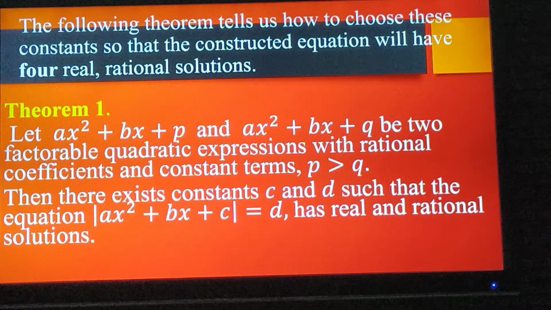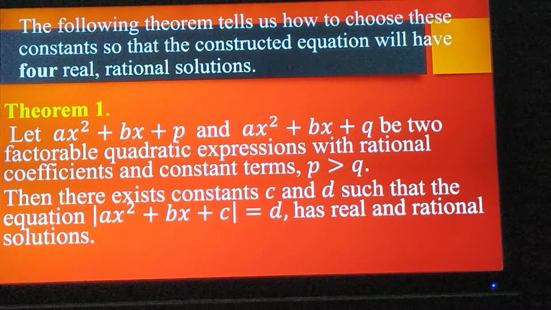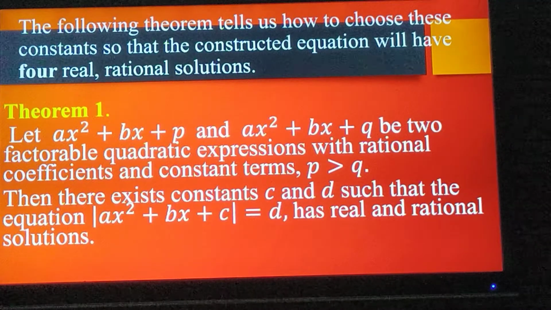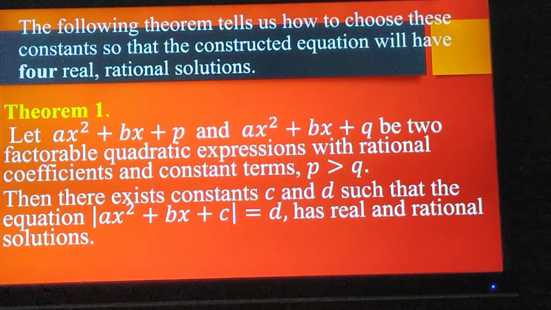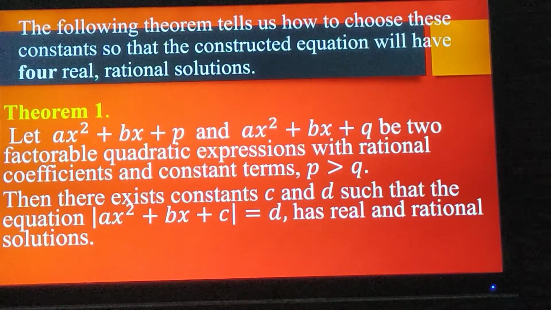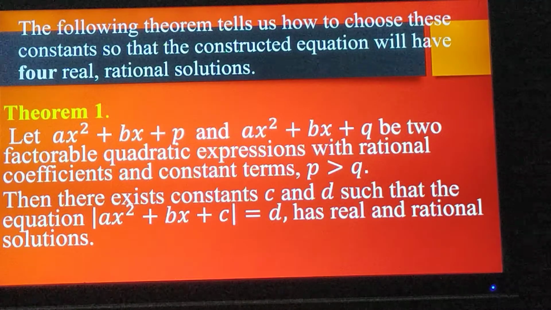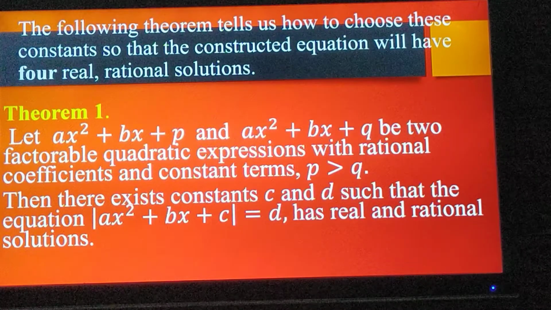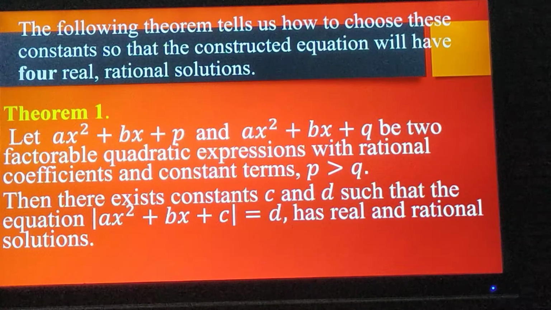The following theorem tells us how to choose these constants so that the constructed equation will have 4 real rational solutions. Let ax squared plus bx plus p and ax squared plus bx plus q be two factorable quadratic expressions with rational coefficients and constant terms, where p is greater than q.